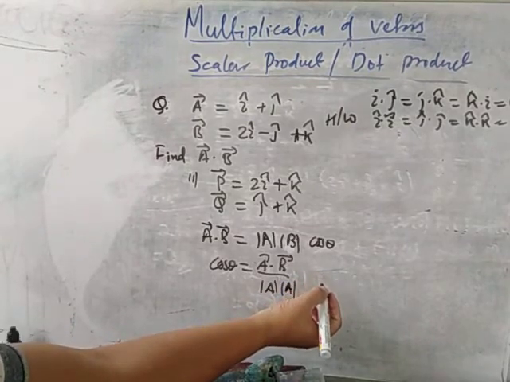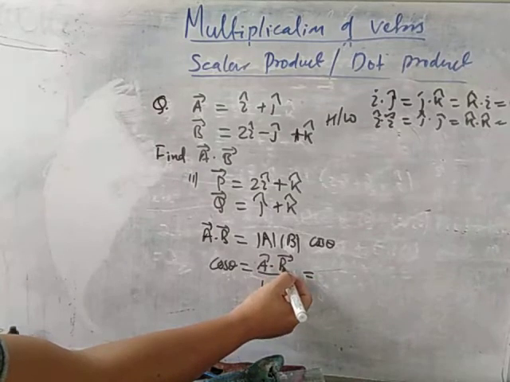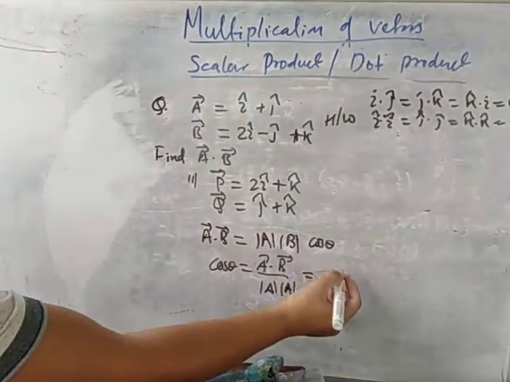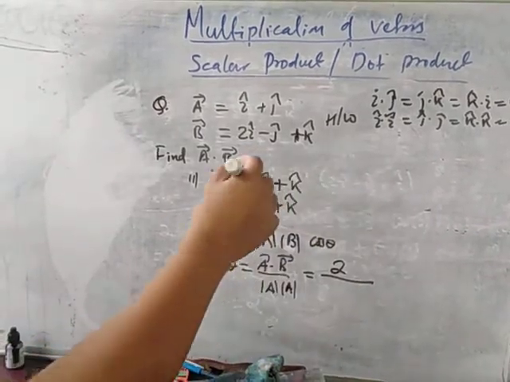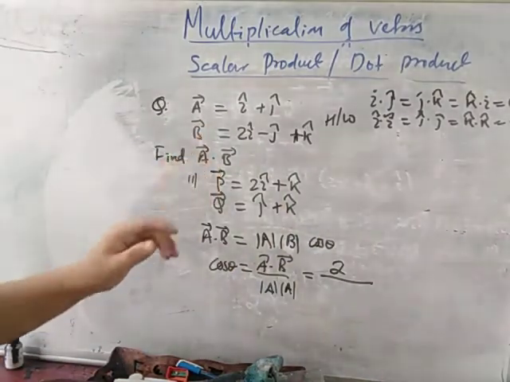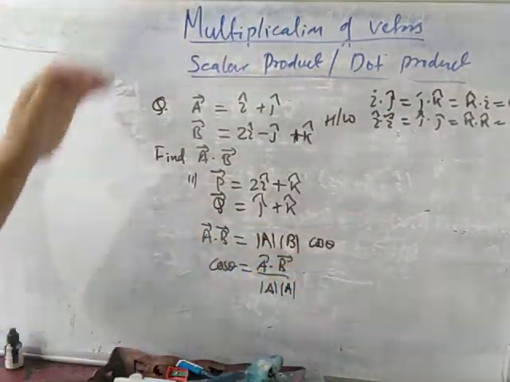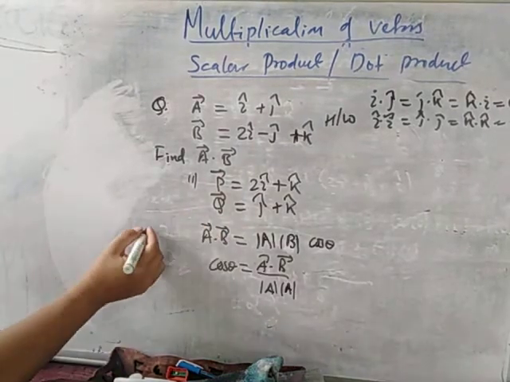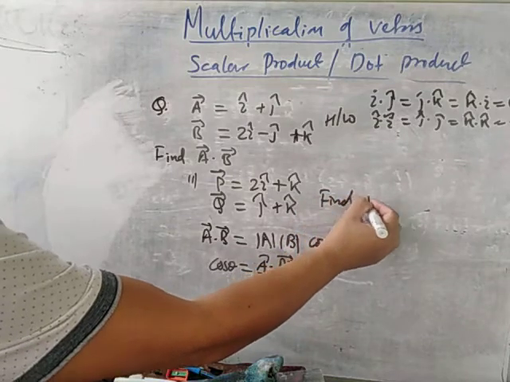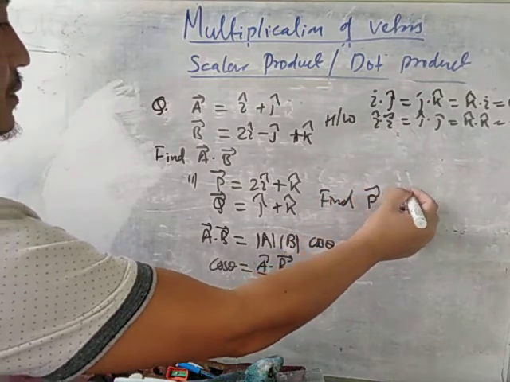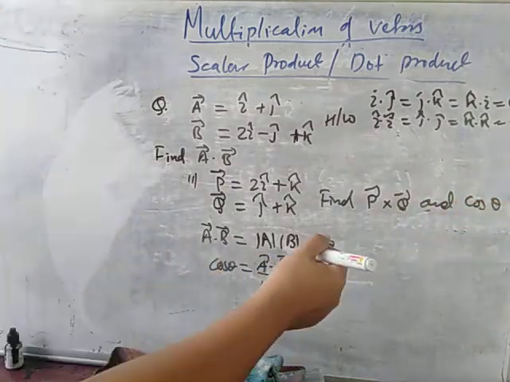So first we'll find a dot b. Find p dot q and cos theta, or the angle between them.